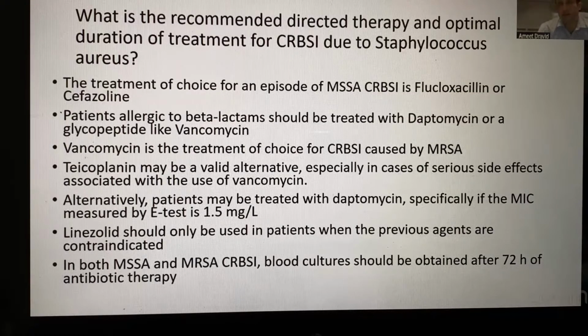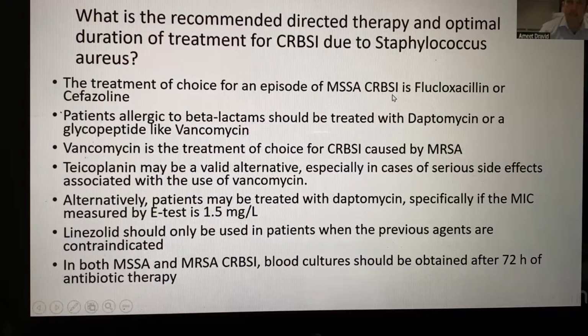Vancomycin is not a good drug for MSSA. Many times physicians feel that all Staph aureus have to be treated with vancomycin, but it's not so. MSSA CRBSI can be fatal if we don't downgrade to drugs like flucloxacillin or cefazolin.